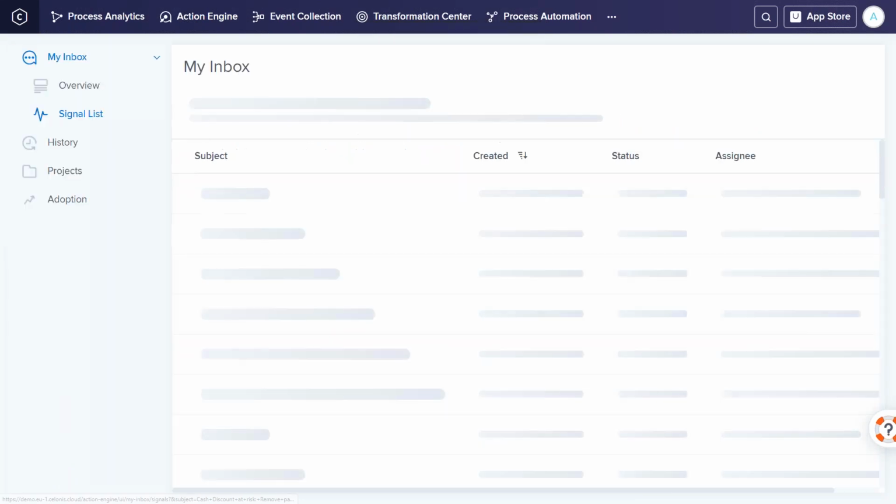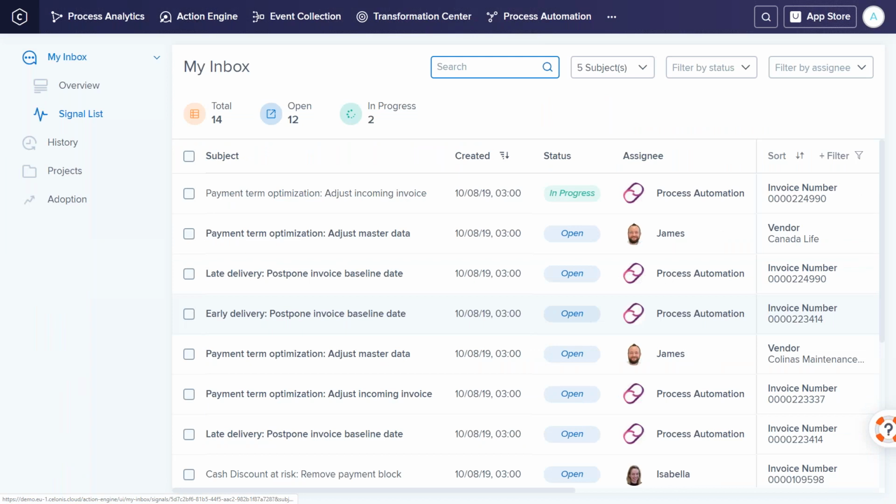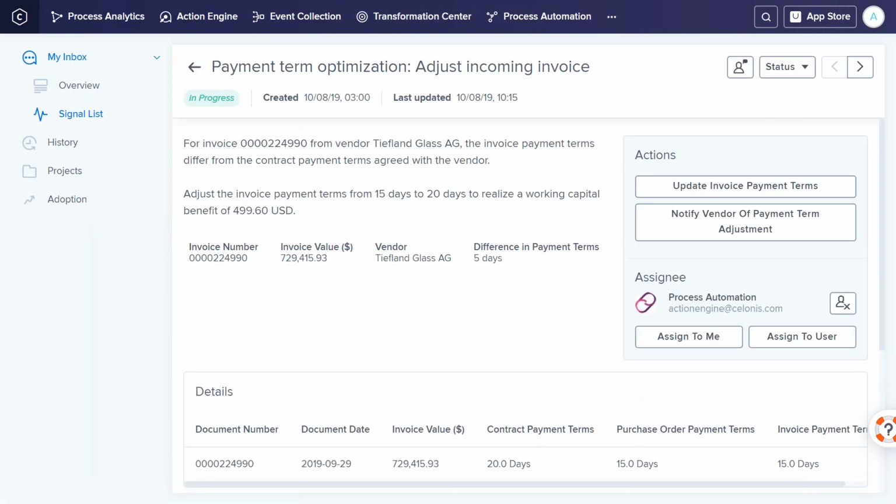So from the accountant's perspective, if we look at this example, again, he or she would receive an email or in the signal list, simply see one of these items saying, hey, you have a payment term optimization here. Please adjust the incoming invoice. And by clicking on this item, the accountant would see that for this particular invoice from the vendor Tiefland Glas AG, the invoice payment terms differ from the payment terms in the supplier contract.